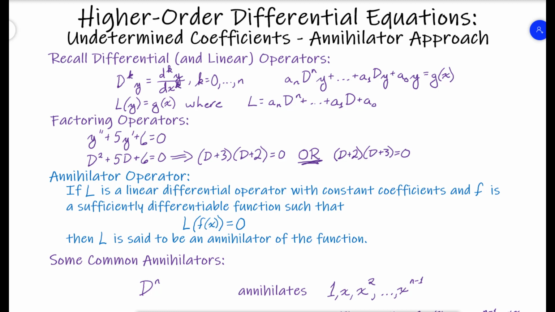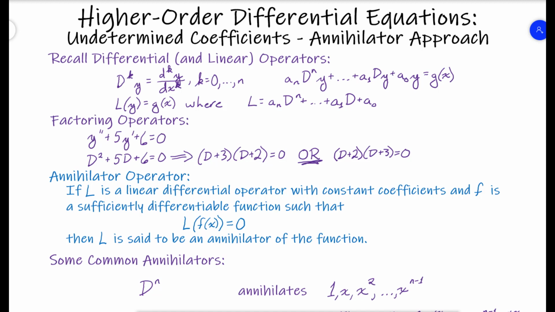Earlier in this block of material, we talked about a thing called a differential operator. It was some function that basically was telling us to take derivatives. So whenever I saw D to the kth power times y, that was telling me to take the kth derivative of y with respect to x.